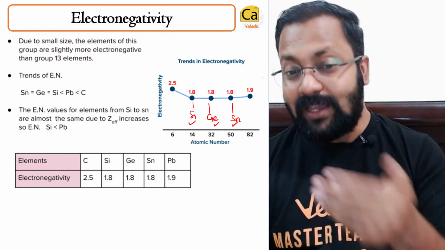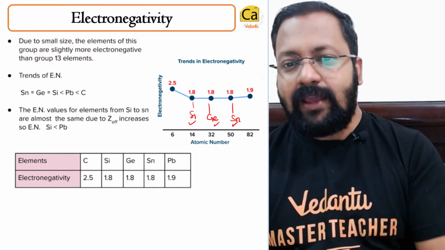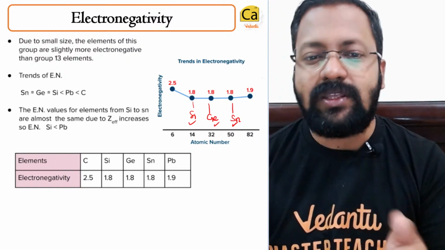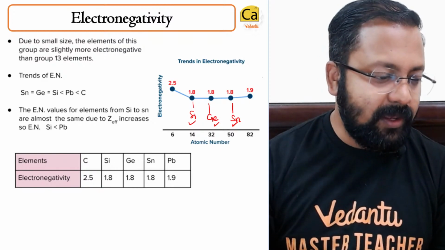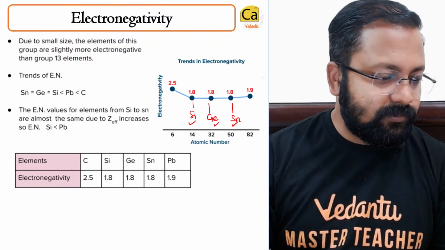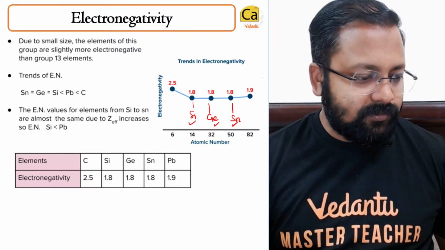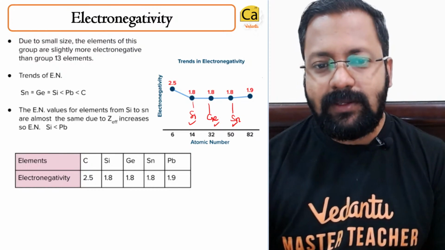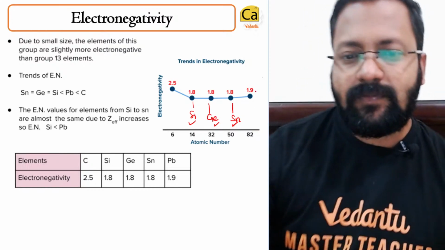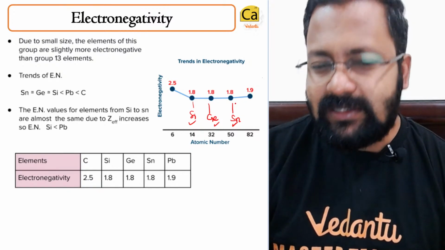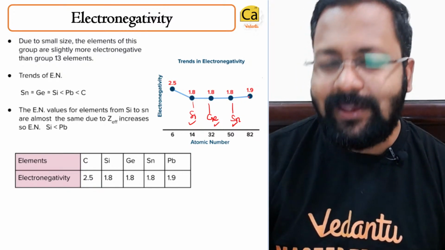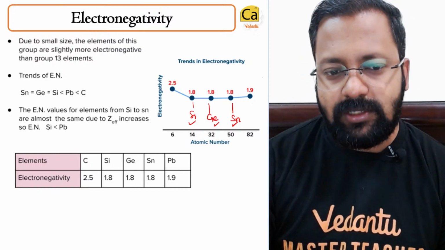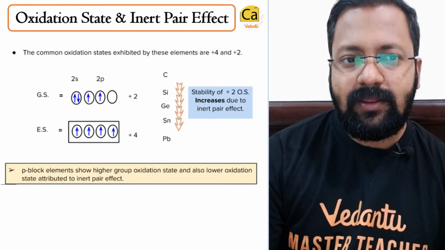Actually it should have been lower than tin, but it is slightly higher because of poor shielding of f orbital electrons, which increases the nuclear charge. Slightly higher because of increased nuclear charge.